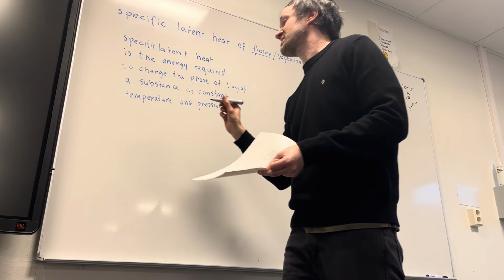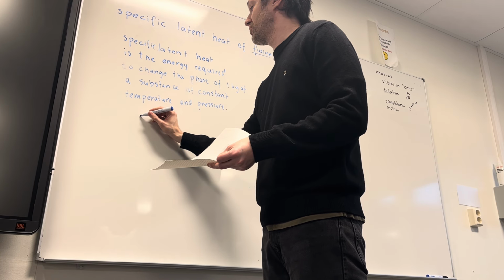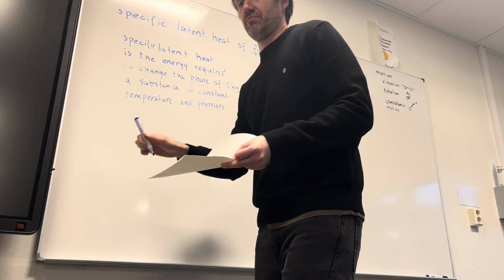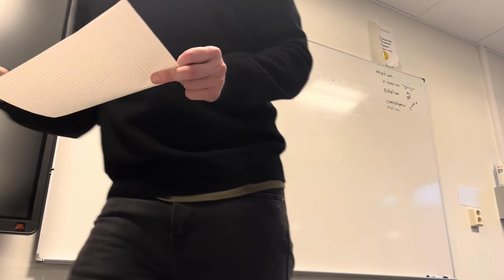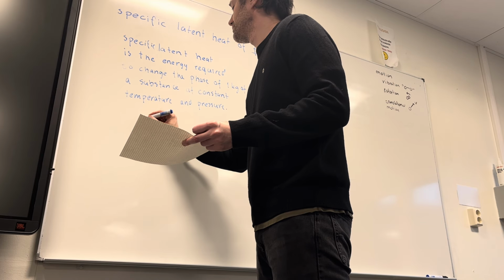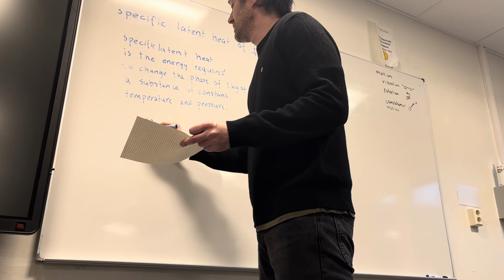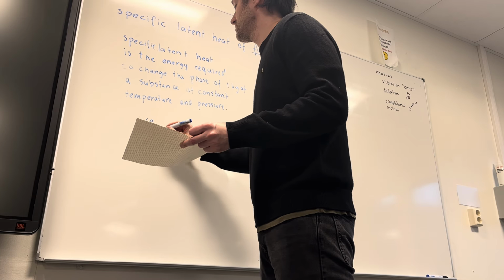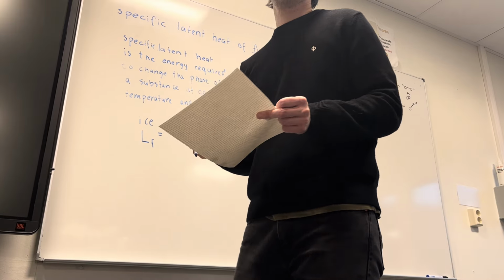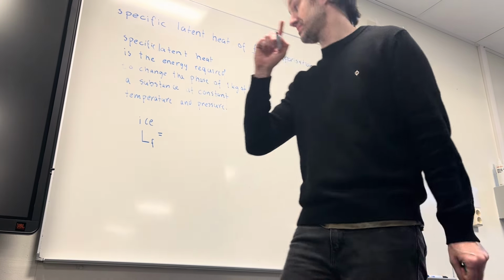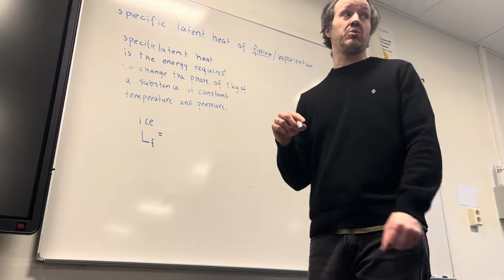So one example is, for instance, to melt ice. Latent heat, let's call it F here for fusion. The energy required to melt ice is actually quite a lot.